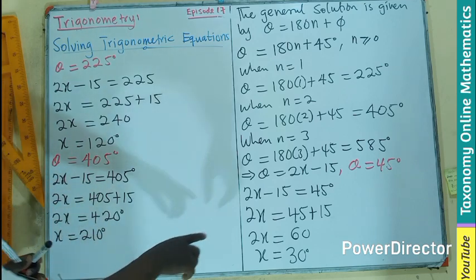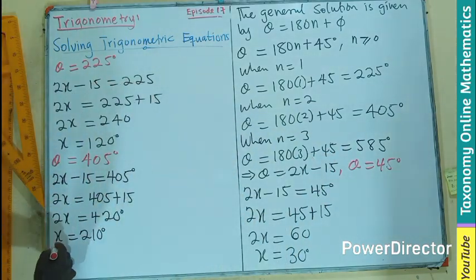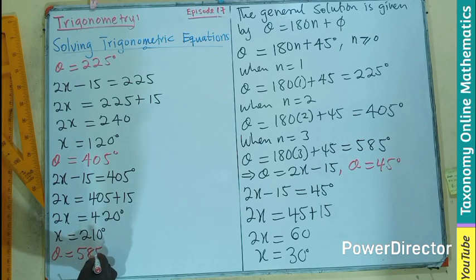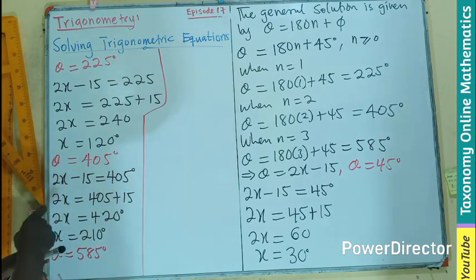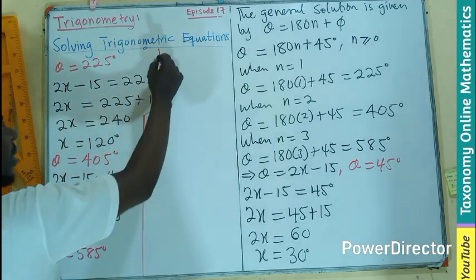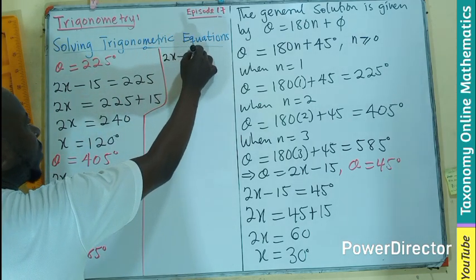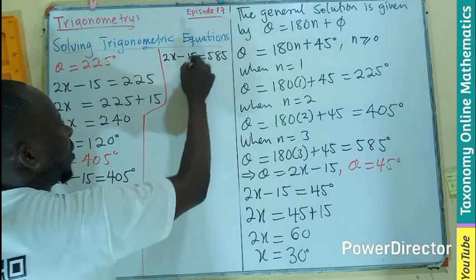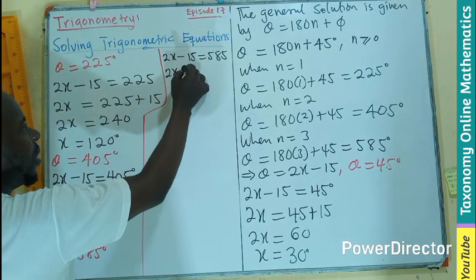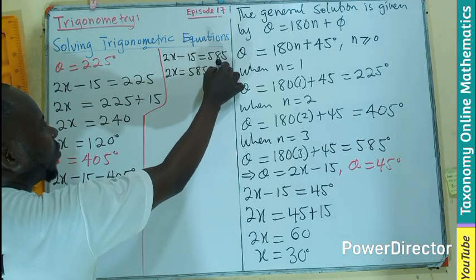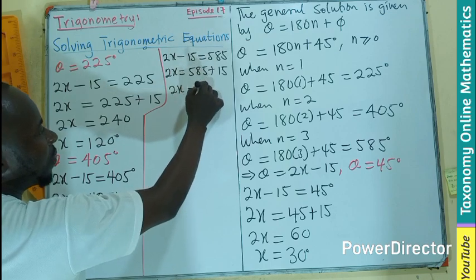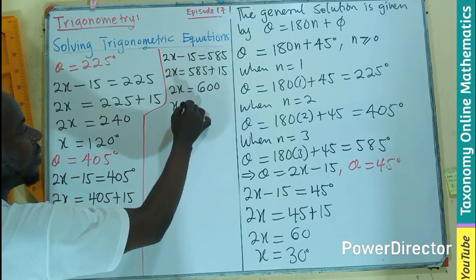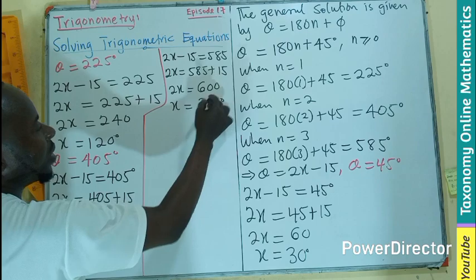It is still within the range. So let's try the last one, when theta equals 585 degrees. It means that 2x minus 15 will be equal to 585. So 2x will be 585 plus 15, so we have 600. So x is going to be 300 degrees.